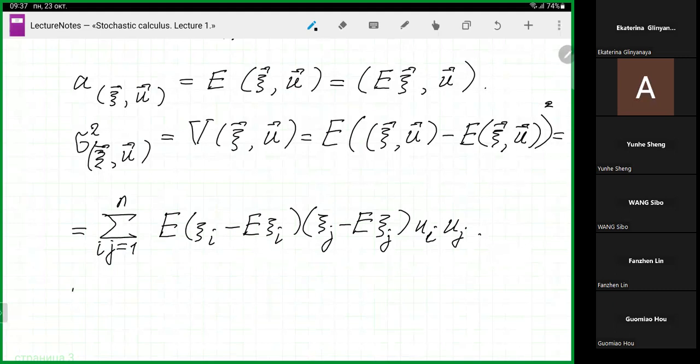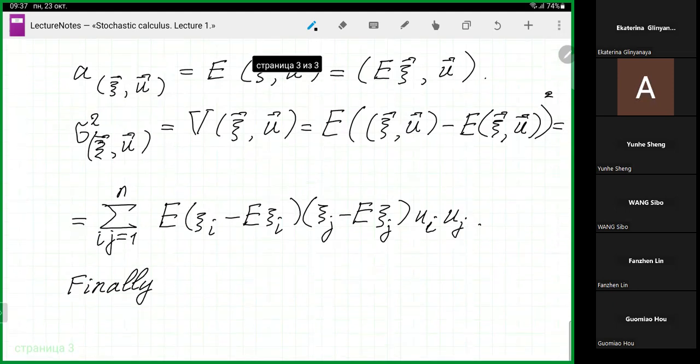And finally, we can write our characteristic function as follows.